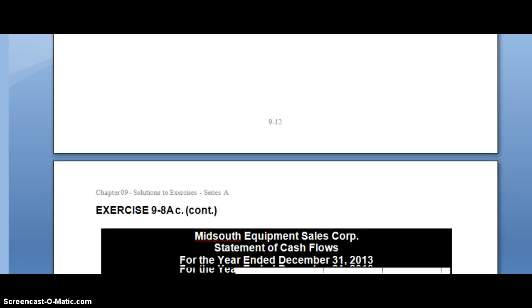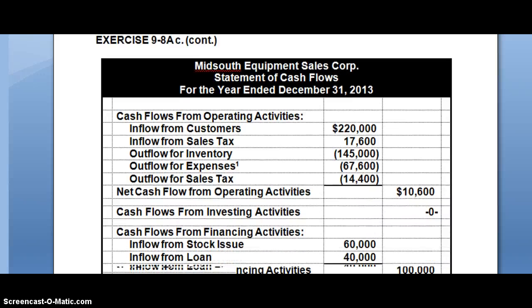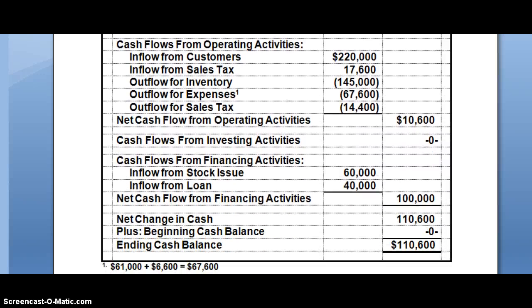Now you're moving into the statement of cash flow. And remember the trick I showed you earlier. Just go back to the horizontal financial model and show what's coming in and what's going out. Take all the operating activities first. Cash comes in from selling the $220,000 in product.